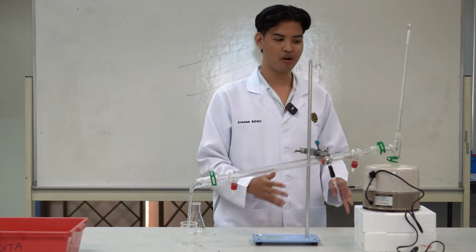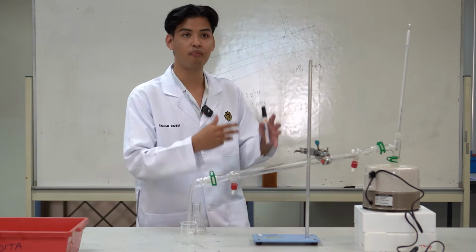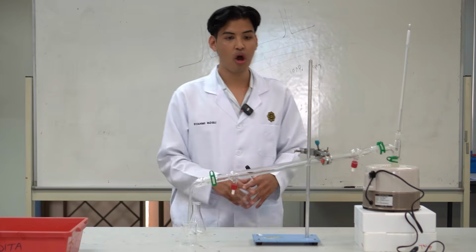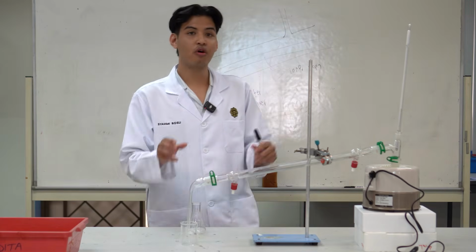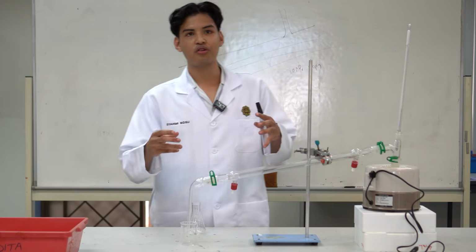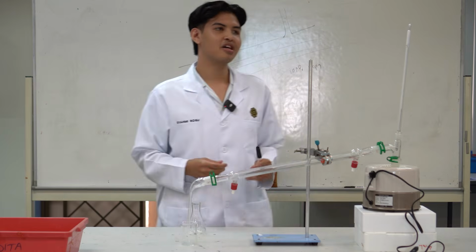As we all know, distillation is the process where we separate a mixture of components according to their boiling point. So, with that principle, we can control the temperature to purify a desired chemical component that we want.